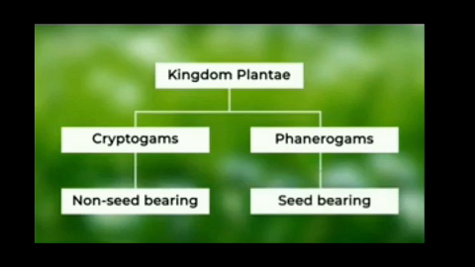That is, they are naked seeded plants. Example, pinus. So here, the plants which produce seeds that are naked and are not enclosed by the fruit are called gymnosperms. In this lesson, first let us study gymnosperms.